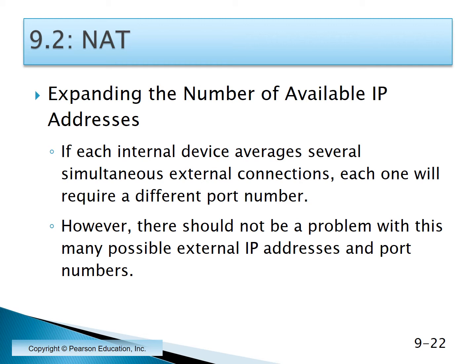It's similar to many of the home networks that you may be using. For example, when you get a connection from your ISP, your internet service provider, they may give you just one IP address for your whole connection. But within your home, you have several devices.